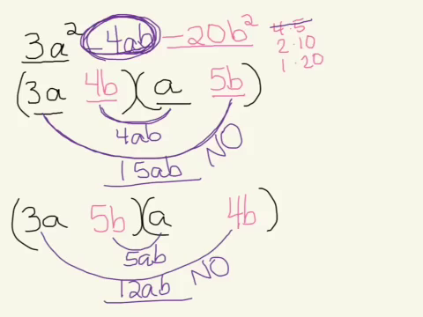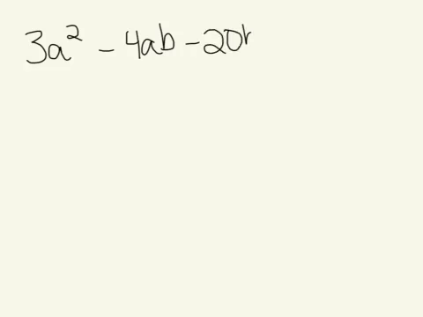All right, I'm going to turn the page and try again. Just as a reminder, our original question was 3a squared minus 4ab minus 20b squared.